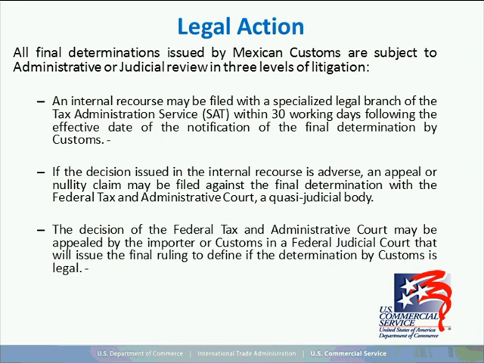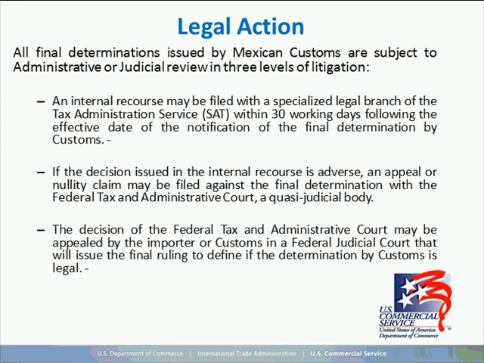This recourse is optional in most cases. Therefore, the parties can choose to go to the next level of litigation without filing an internal recourse. The benefit of this recourse is you keep things at an administrative level. You try to come to a solution with the tax authorities before going to formal litigation.